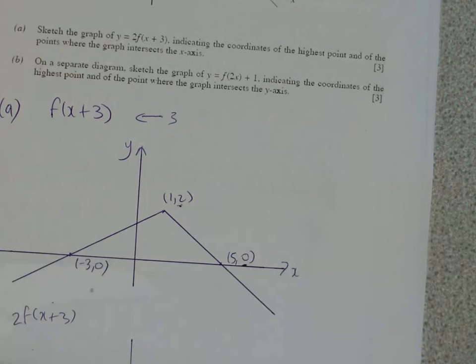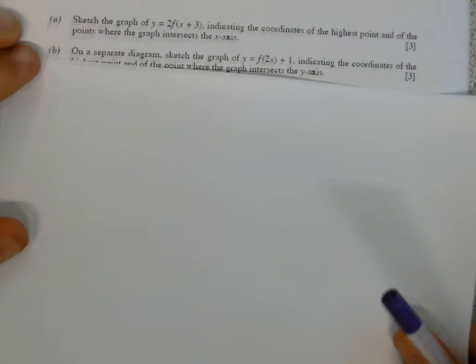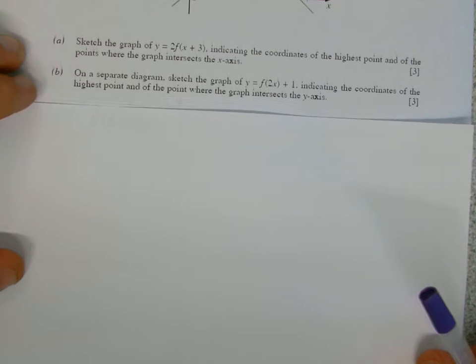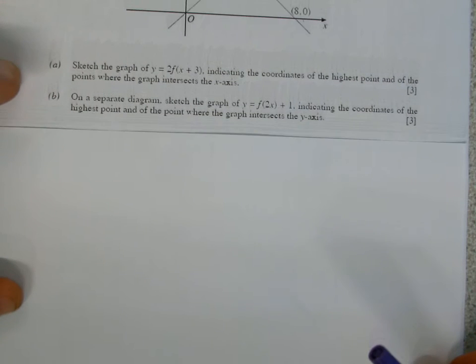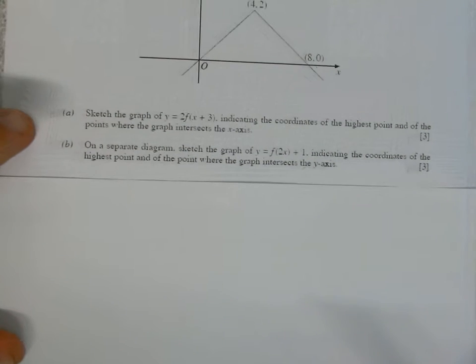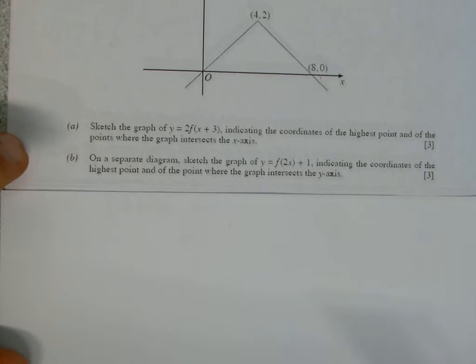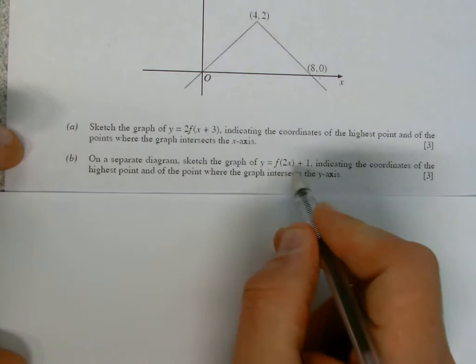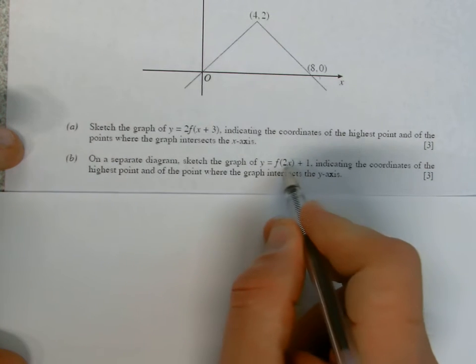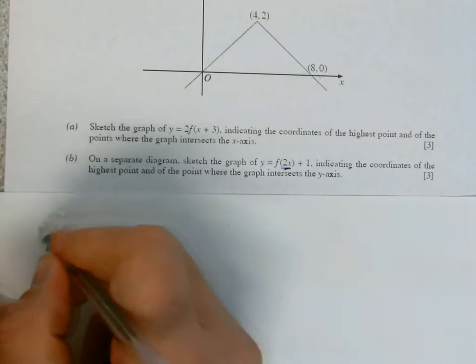Right, so part B, you notice here it says on a separate diagram, sketch the graph of f of 2x plus 1, indicating the coordinates of the highest point where the graph intersects the y-axis. So again, we've got this adding 1 on the end, but focus inside the bracket first. So we'll do f of 2x to start with.